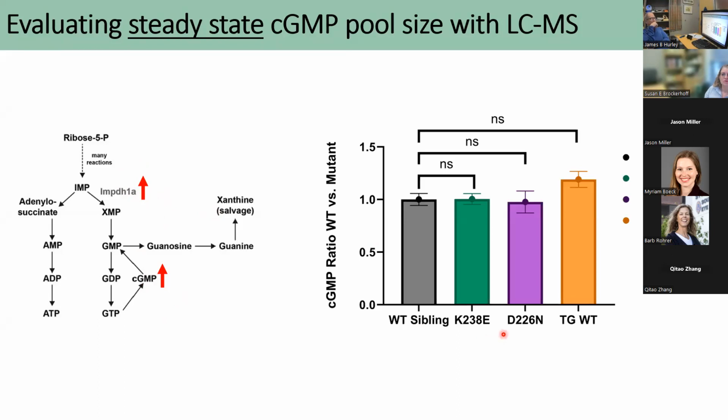And what we see is that there isn't any significant difference between these two mutants or the transgenic wild type. And so this doesn't seem to be an impact. However, this is steady state metabolism, when we're really curious about what the flux will look like.